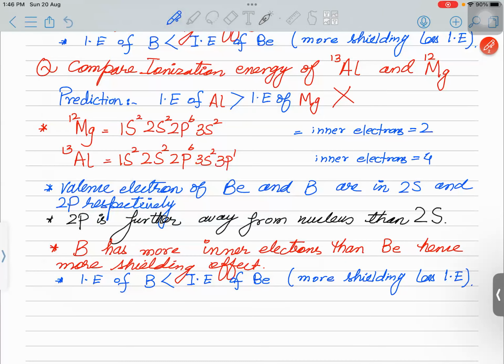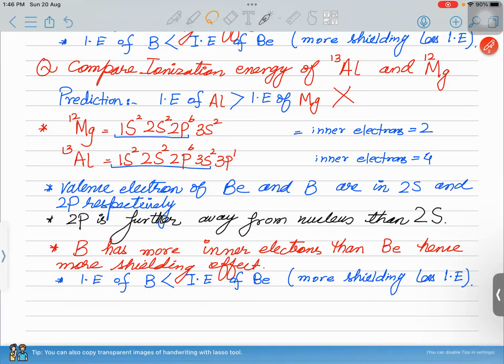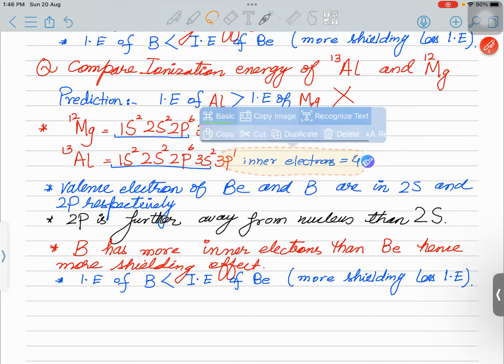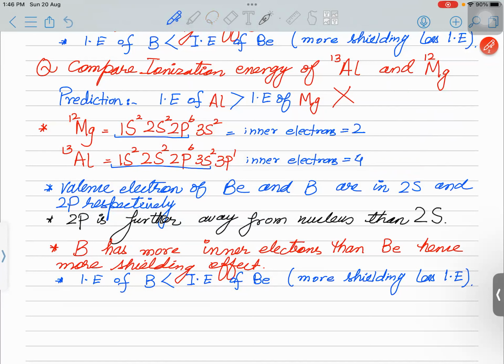So these are inner electrons. Can you tell me the inner electrons of magnesium? 10. And what about aluminum? 12.